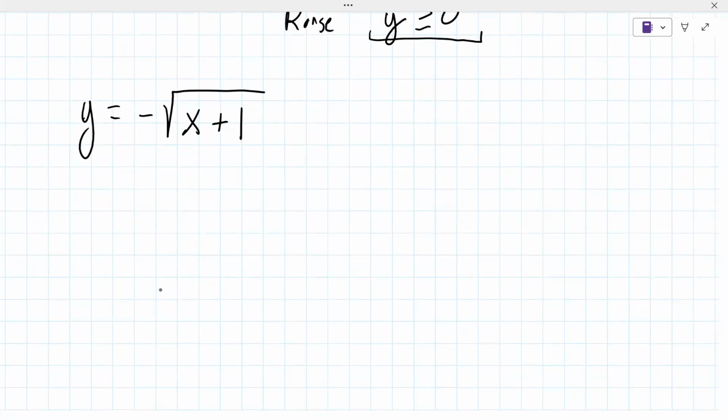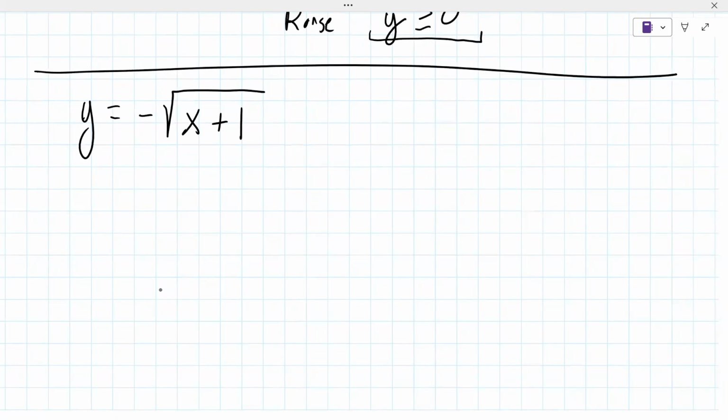Okay, let's look at a new problem here. Is x plus 1 a shift left or a shift right?